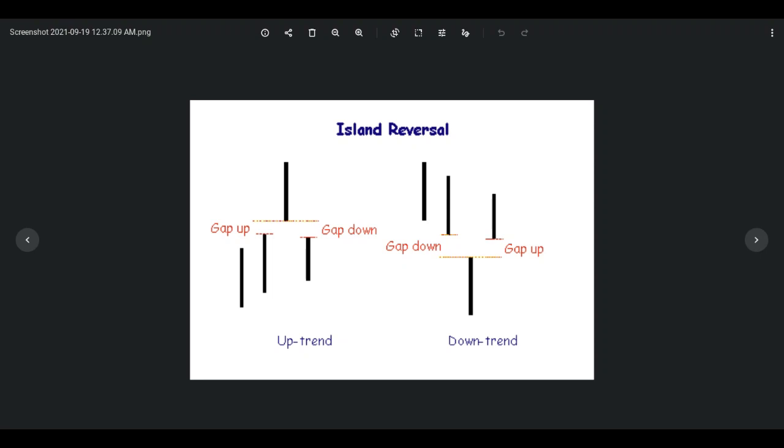Volume description: volume tends to decline after the initial surge on the first gap and then expands on the second gap. Breakout confirmation: a gap to the previous level before the initial gap with above average volume.